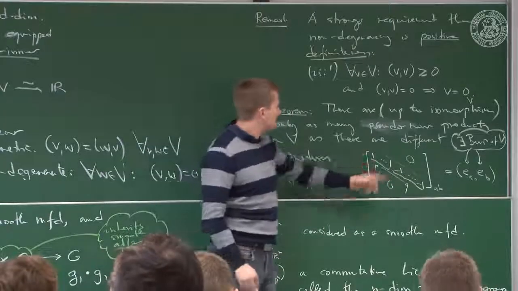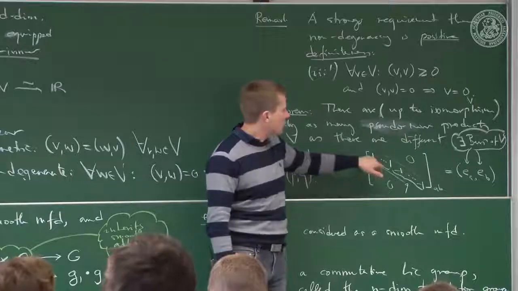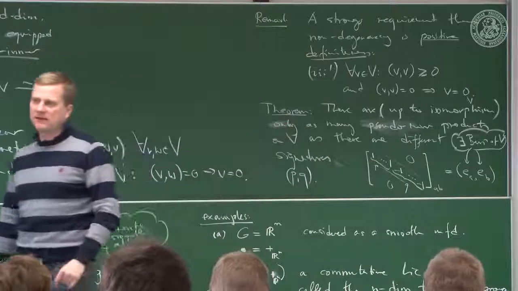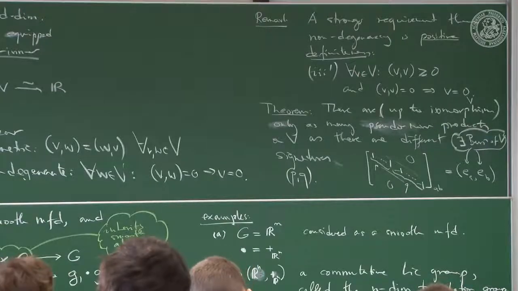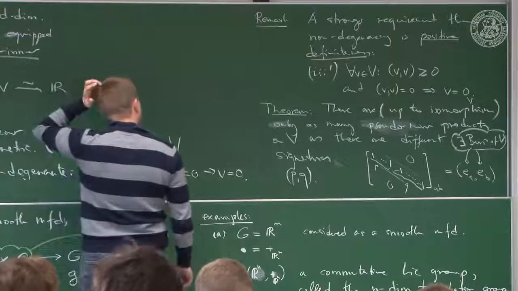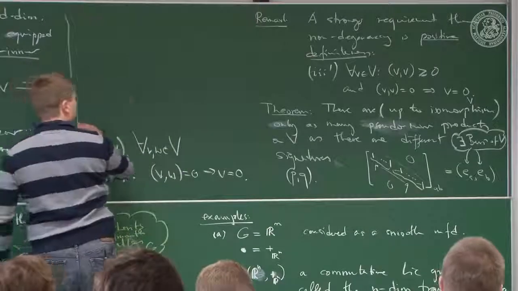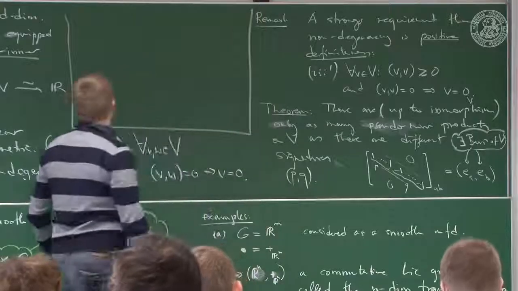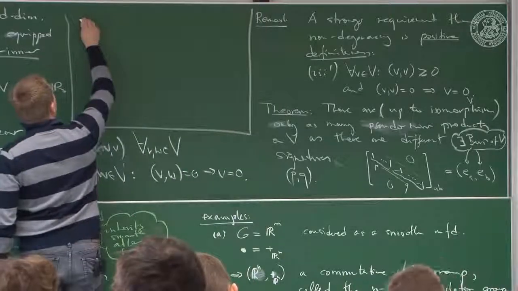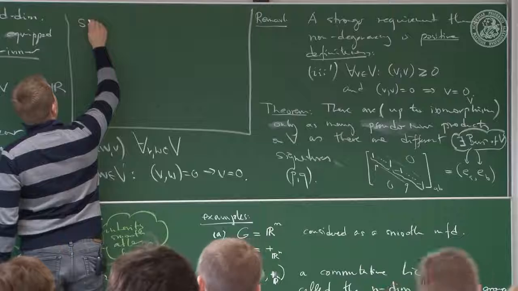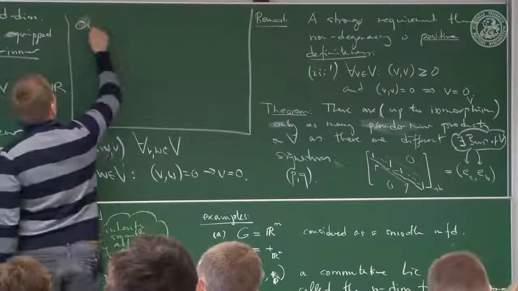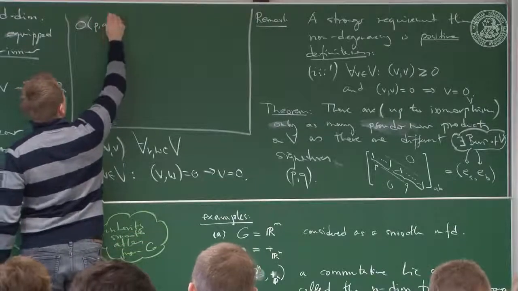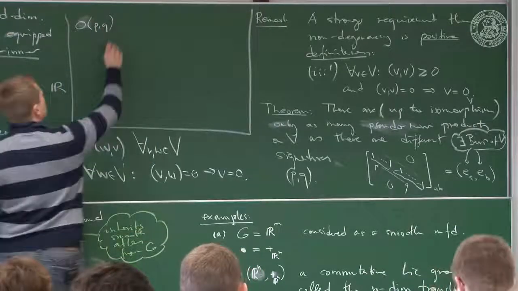But in relativity, we need inner products that have signature (1, d minus 1). Hence, I generalize to this case. Okay? And then, that's the thing I actually wanted to write down. We can define a set, we call it O(P, Q).